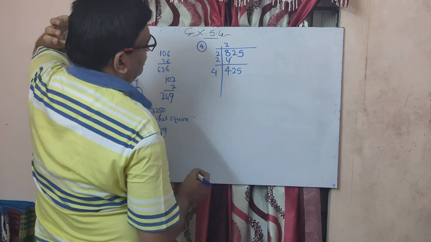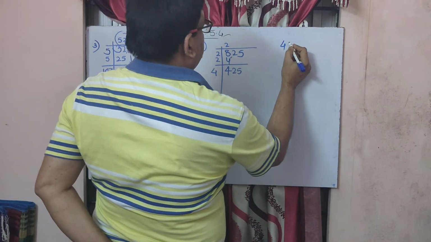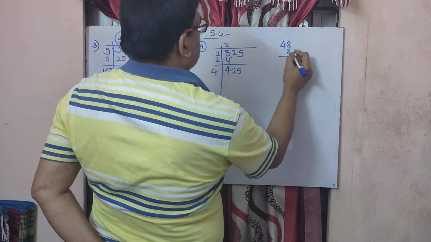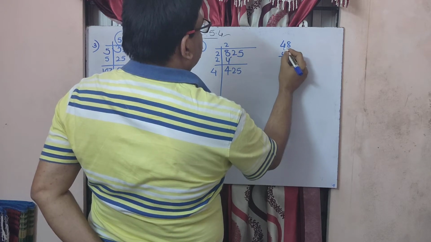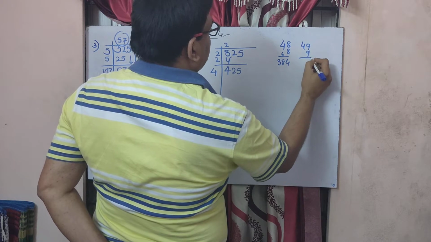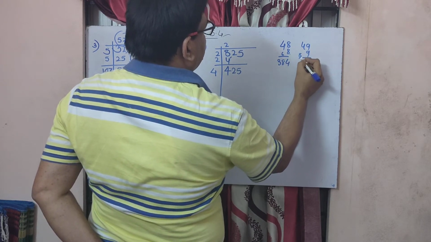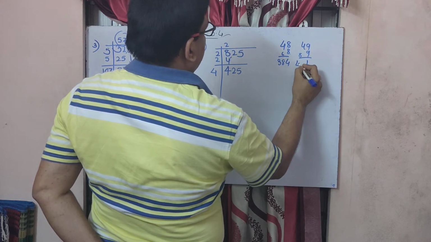So whatever you just think about it, 4 is already there. 48, 8 8s, let us say. 8 8s are 64, 384. So we'll take 49, 9 9s are 81, 8, 4 and 36 plus 8 is 44.